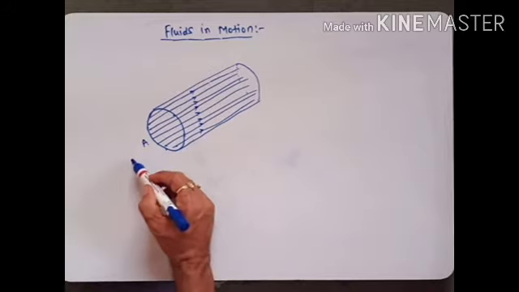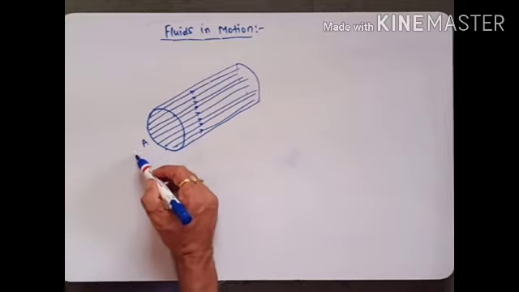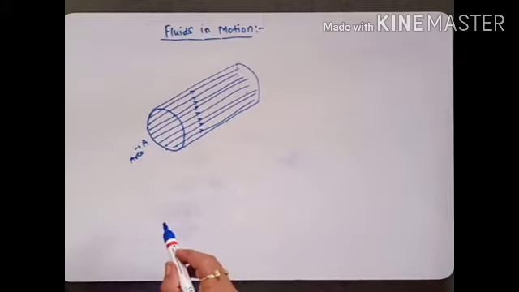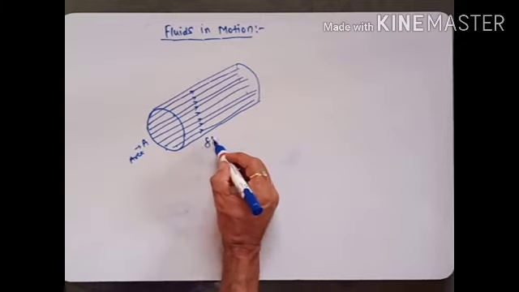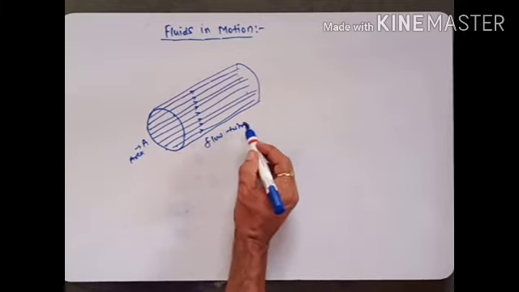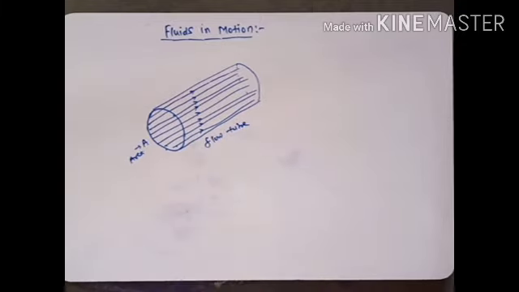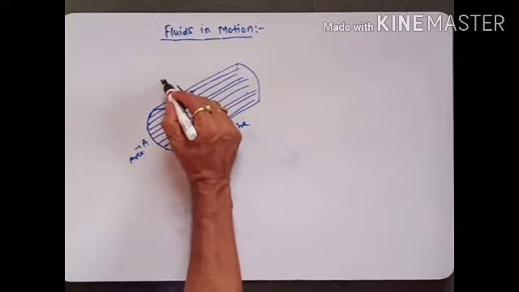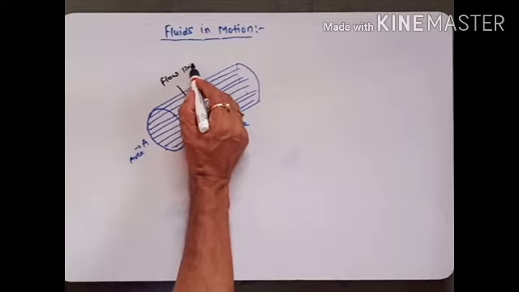Suppose A is the area of cross section of the pipe. We consider this is the flow tube, and these lines we consider as flow lines.